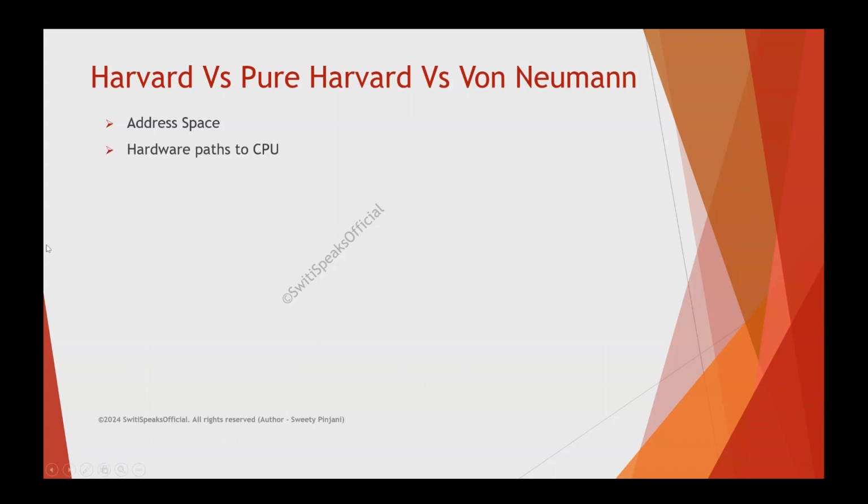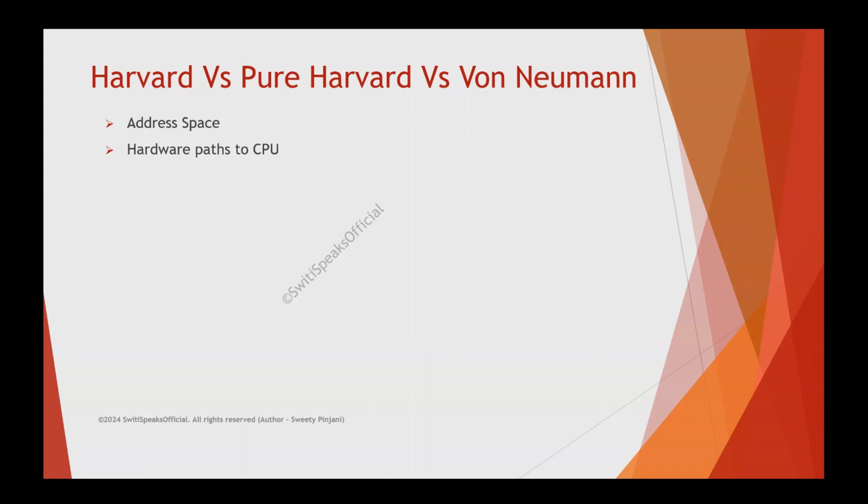Now let's see the second distinguishing feature, which is hardware paths to the CPU. If you remember, in case of Von Neumann architecture, we have the same pathway to CPU for data as well as instruction. In case of pure Harvard architecture, we have separate hardware pathways to CPU.